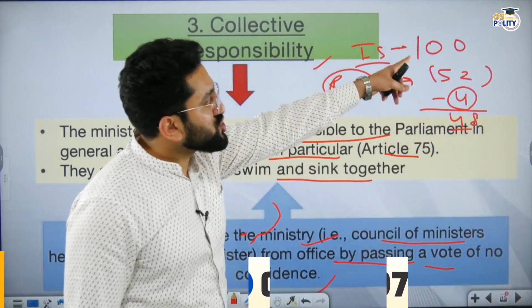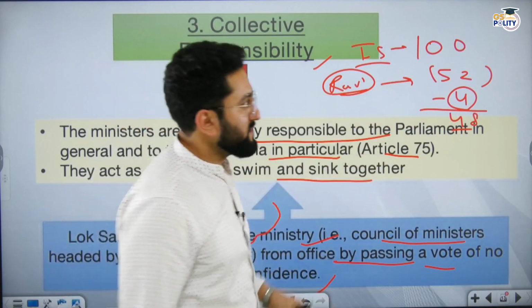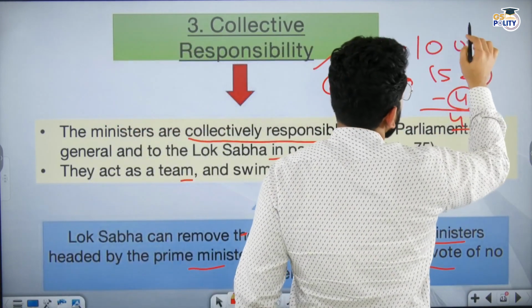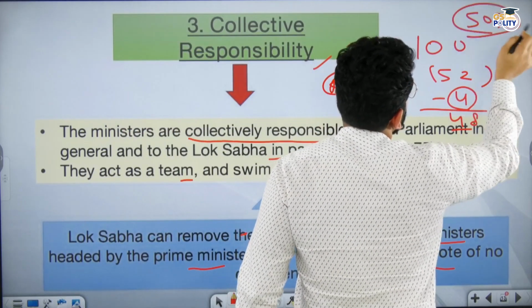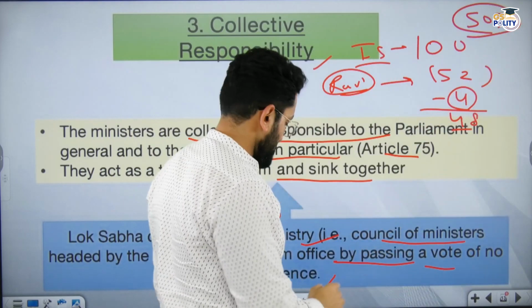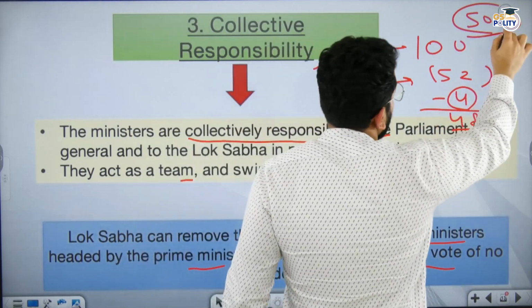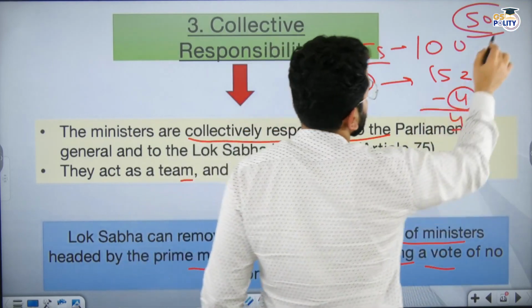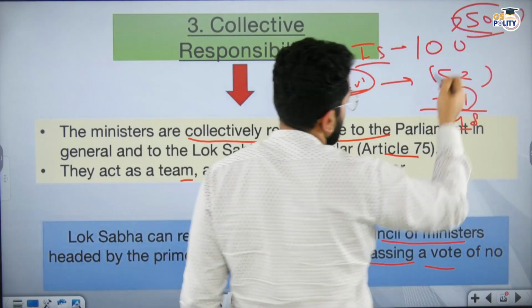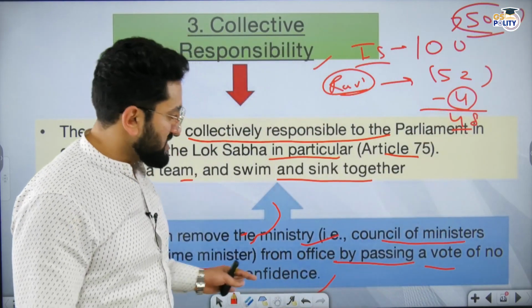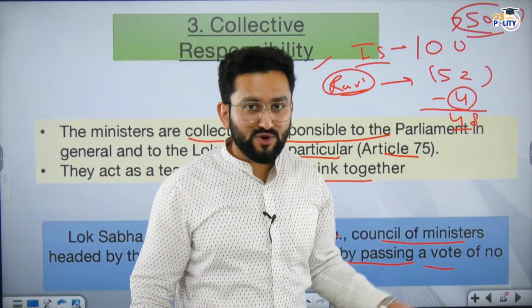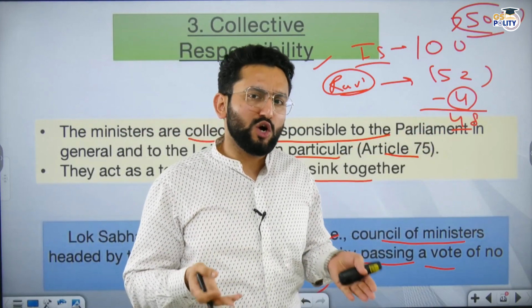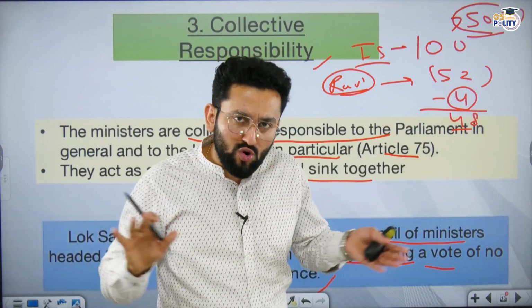So 48 is 2 less than an absolute majority, because for forming government and to remain in power, you need more than 50%. So in this case, what is going to happen? An opposition member can actually present this no confidence motion. Obviously, if more than 50% members are not supporting Ravi's government, then it means Ravi has no ground to be Prime Minister.